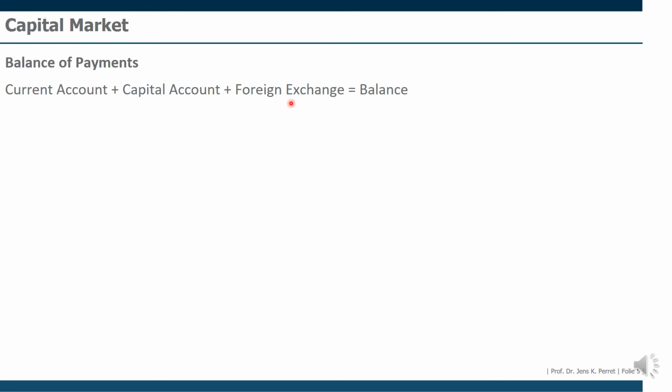If for simplification reasons, we assume the foreign exchange doesn't really change a lot, then we can omit this from our calculations, making it a lot easier. And well, this balance of payment is balanced if we get in this sum a result of 0.